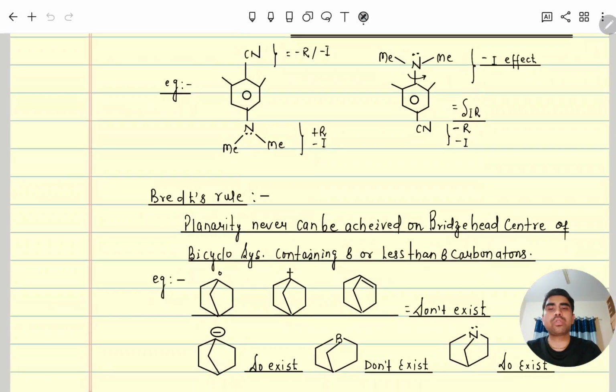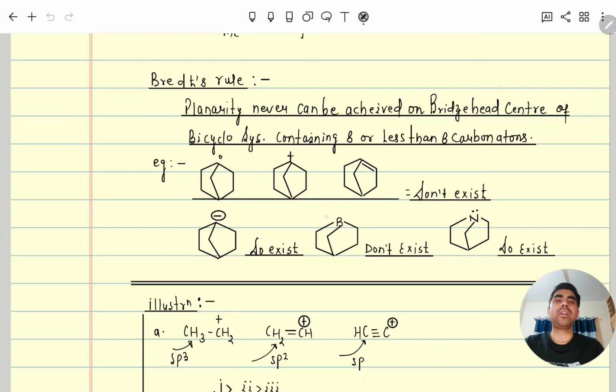Coming to Bredt's rule. So Bredt's rule is telling that planarity can never be achieved at the bridgehead center of bicyclo compounds containing 8 or less than 8 carbons. Means if 8 or less than 8 carbons are there, you cannot draw planarity, means carbocation, carbon free radical, double bond.